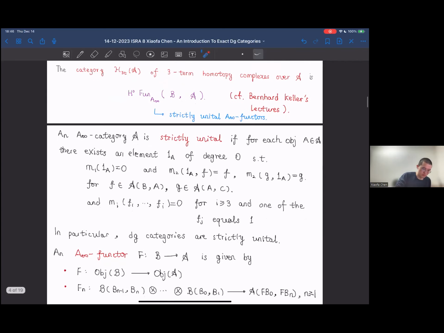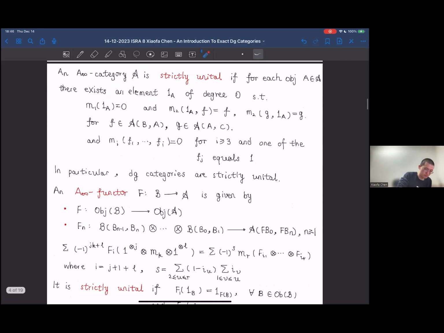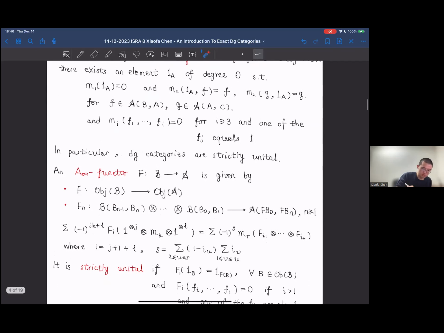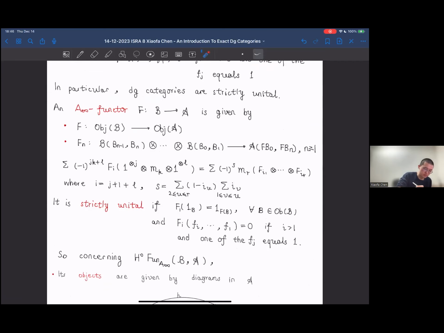So when we check F2, when n equals 2, and here j plus k plus l equals 2, we'll see that this k must be 2.